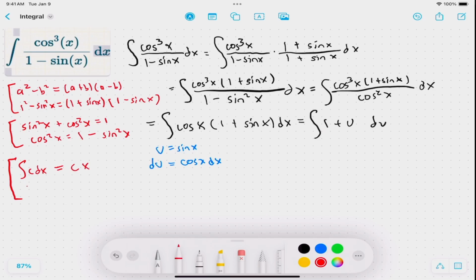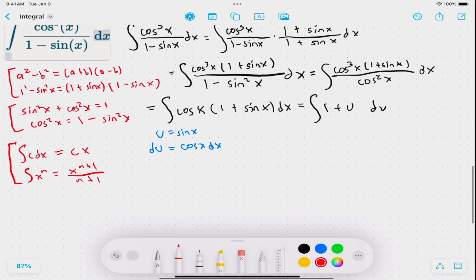Another rule we're going to use is that the integral of x to the n is equal to x to the n plus 1 divided by n plus 1. Another formula we're going to use is the linearity principle that says if we have the integral of f of x plus g of x, then we can split them up into two different integrals.